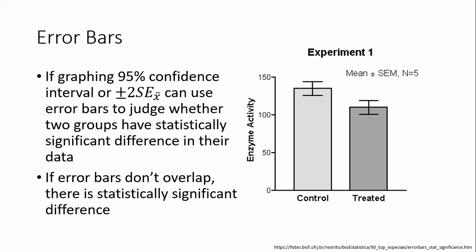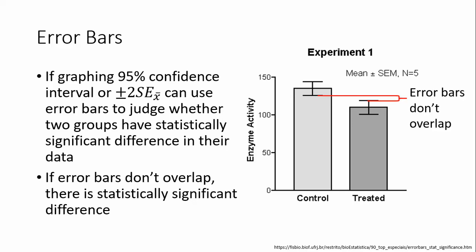And what you're doing with this is you're trying to see, are these results statistically significantly different? You're looking for a statistically significant difference between your two groups of data. If your error bars don't overlap, so if there's no point at which your error bars meet up or overlap each other, then you have a statistically significant difference.